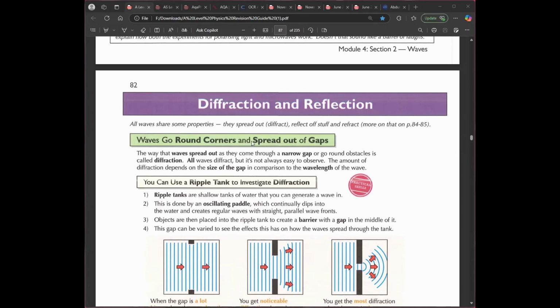So waves go round corners and spread out of gaps, provided that the gaps are comparable in size to the wavelength of the wave that you are currently studying.